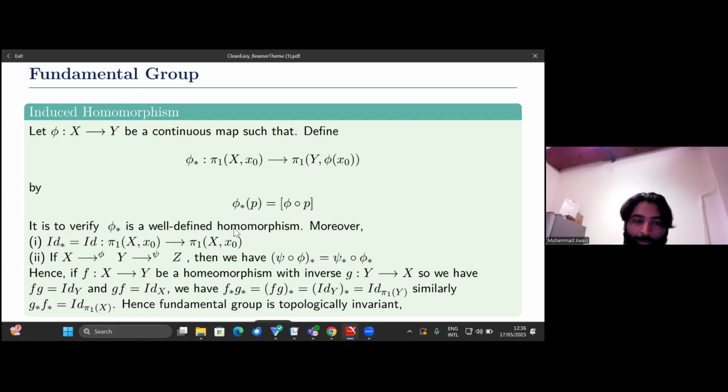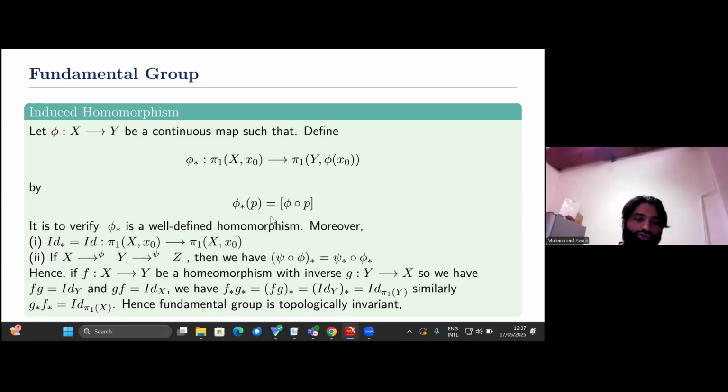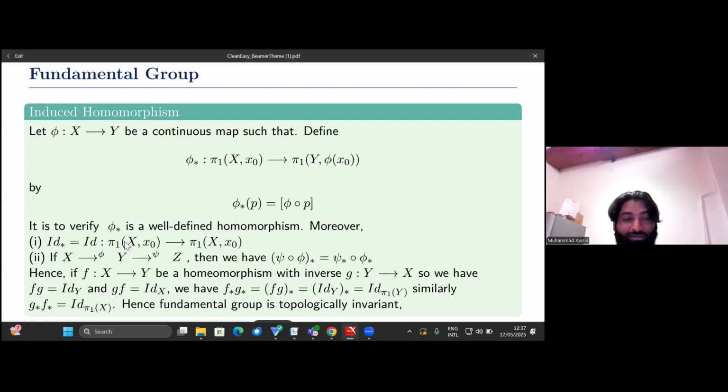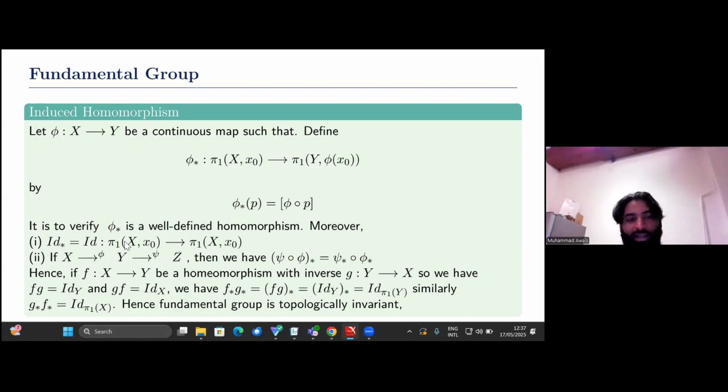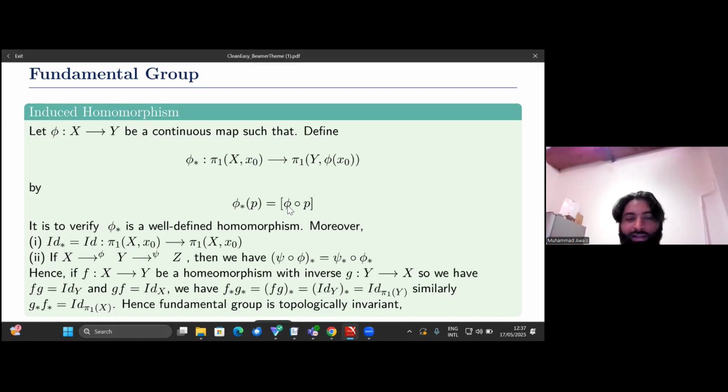The important property is that if you consider the identity from X to X and take its push forward, identity star, it gives exactly the identity on the group. This is obvious to see directly, because when phi is the identity, phi composed with p will be p, so identity star of p will be p.